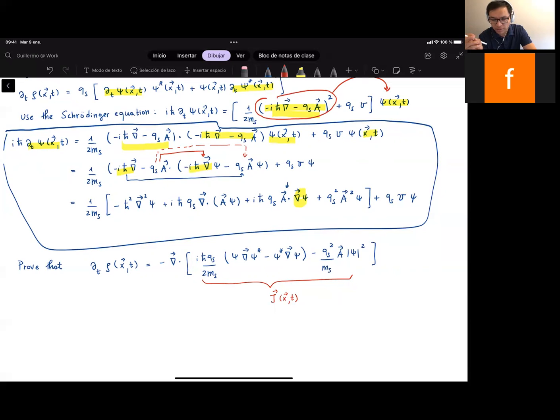So it should be a real quantity. So it's a real vector field in general. Okay. But at this very moment, yes, typically this should be a real vector field.